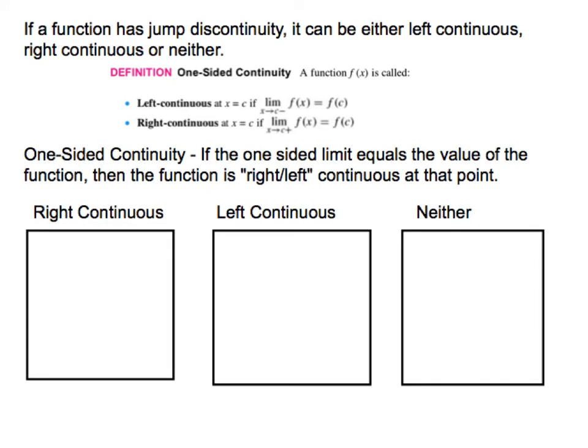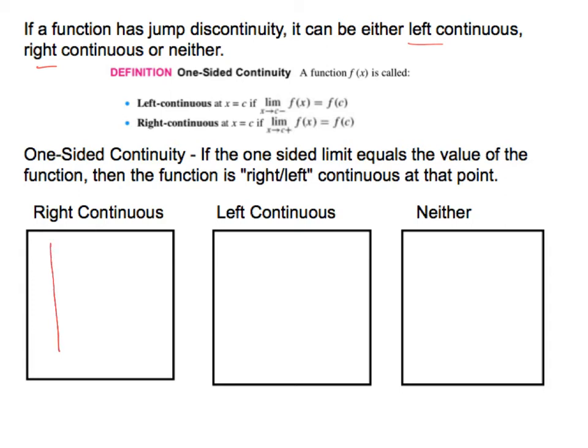Further investigating this, if a function has a jump discontinuity, it can either be left continuous, right continuous, or neither. Left continuous is notated limit as x approaches c from the left of f of x equals f of c. So if the left circle is filled in, essentially, it's left continuous. Right continuous if the right-sided limit is equal to the function value.